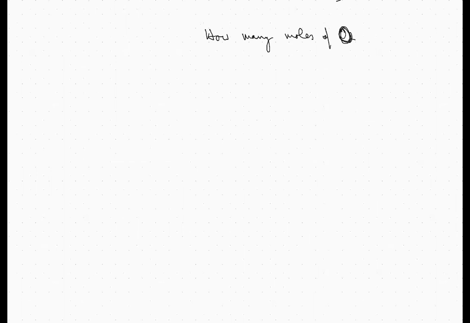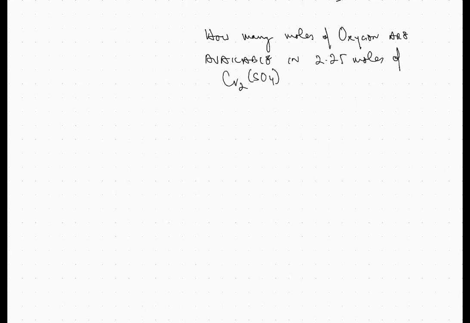How many moles of O, or oxygen, are available in 2.25 moles of Cr2(SO4)3, dichromium sulfate?